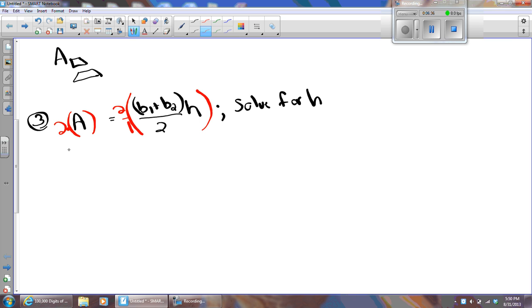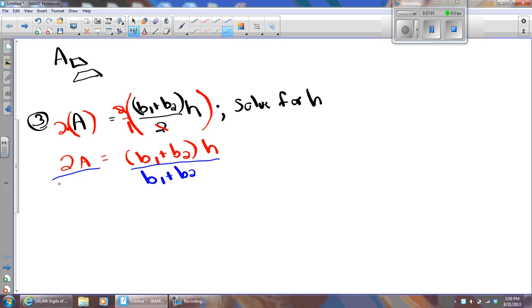Okay, the left-hand side is going to be 2a. Right-hand side, the 2 over 2 will cancel, leaving me with the quantity of b sub 1 plus b sub 2 times h. What's keeping the h from being alone? Well, the sum of the two bases. So I'm going to divide by b sub 1 plus b sub 2.